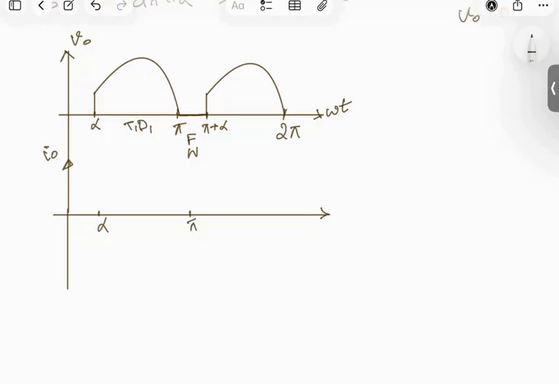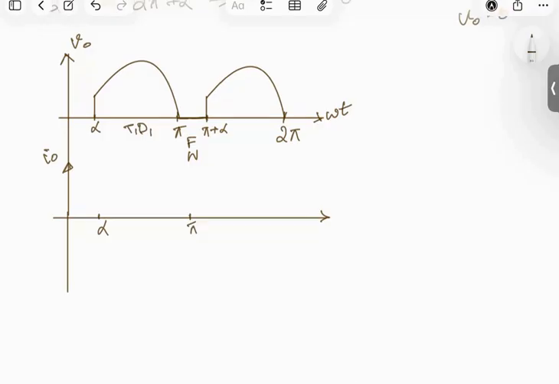During the freewheeling action, we will have T1 and D2 conducting. From pi plus alpha to 2 pi, we will have T2 and D2 conducting. And before alpha, the T2 and D1 combination will conduct. During this period, 0 to alpha, we also have the freewheeling action.